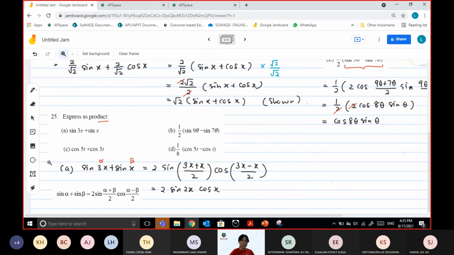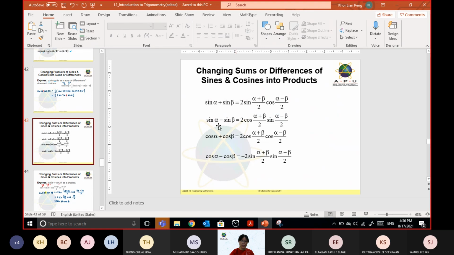So students, for question C, we involve cos plus cos, so you can use the formula for the third one.